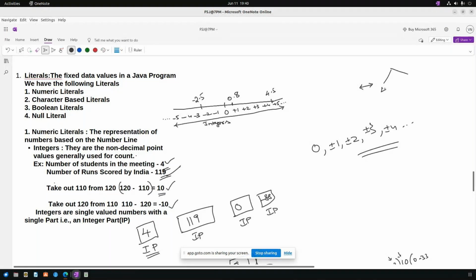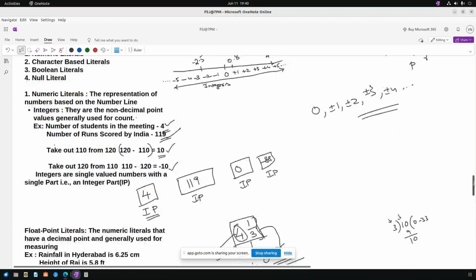Either you see numbers for counting, or you see numbers for measurement, like price or radius. You will be looking at these float-based values for measurement, and integers are when you are having some value for the counting kind of purpose.